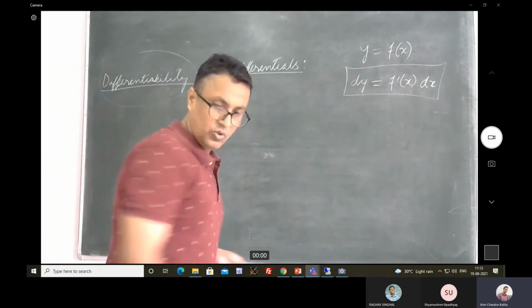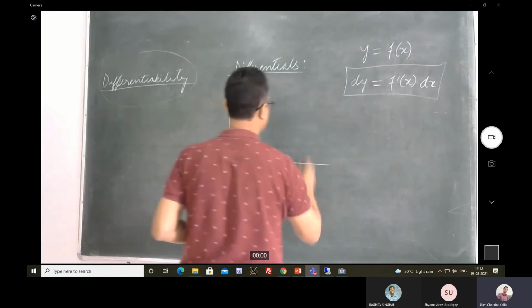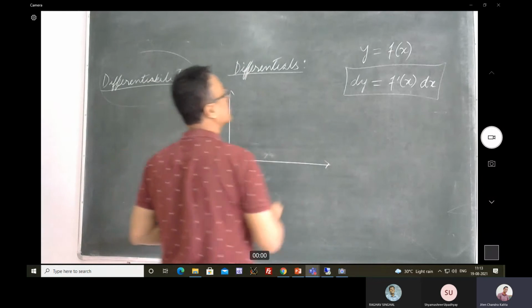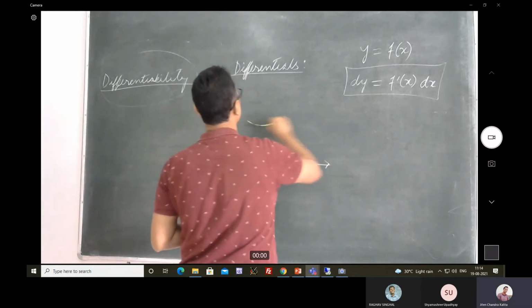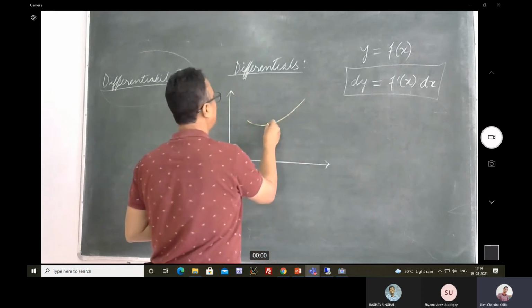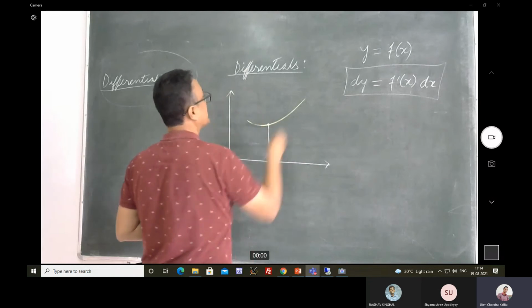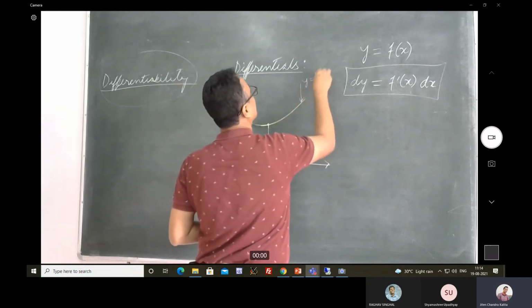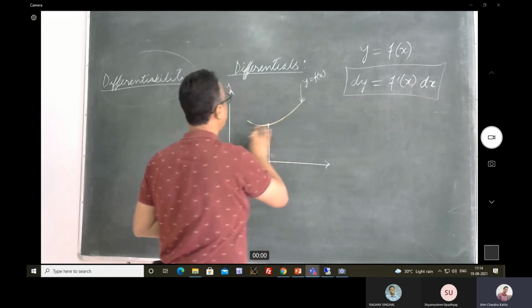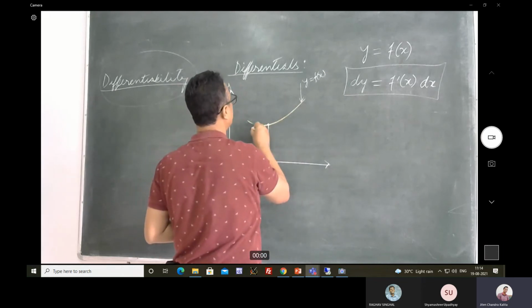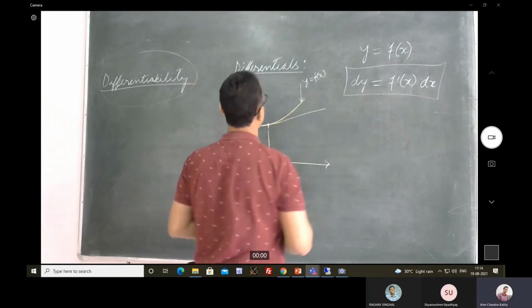Now suppose I am considering the graph of this function, and a tangent line to the graph at the point x equal to a, something like this.